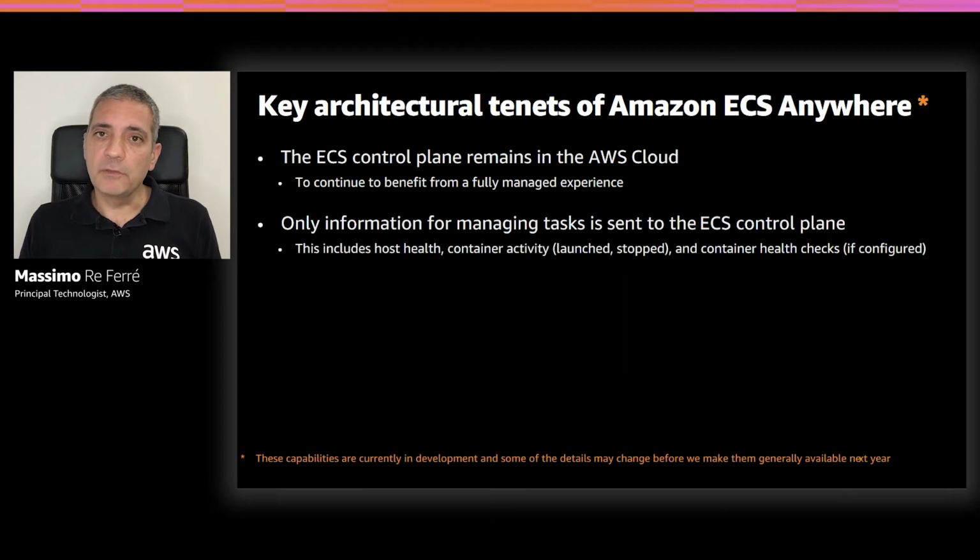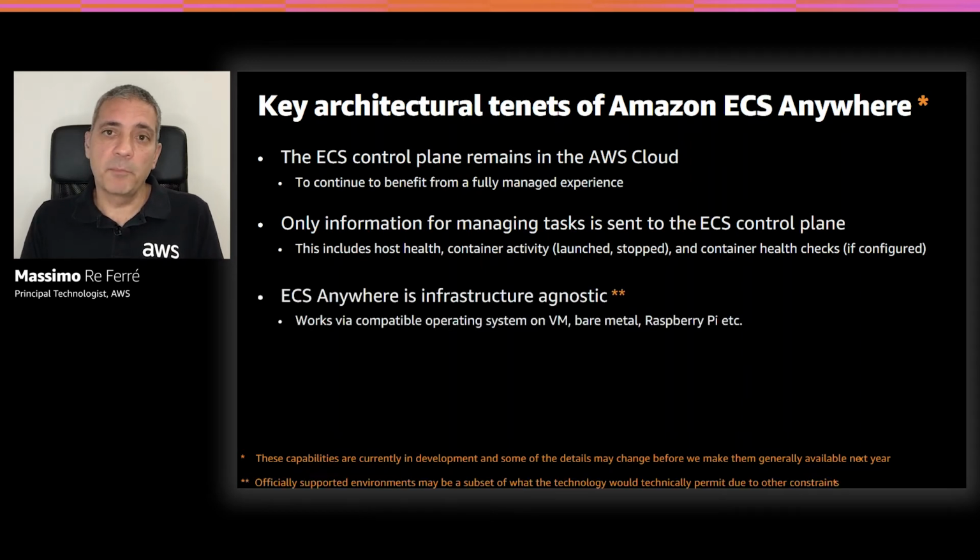Only information for managing the lifecycle of the ECS task and ECS services is going to be sent back to the ECS control plane. This includes things like the status of your containers or the health checks of your containers. None of the information that exists inside those containers is going to be pushed back into the ECS control plane.